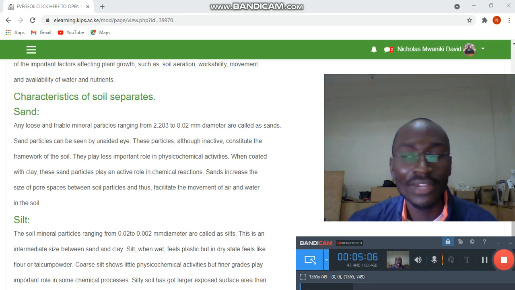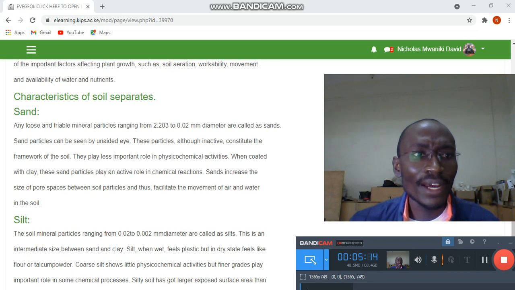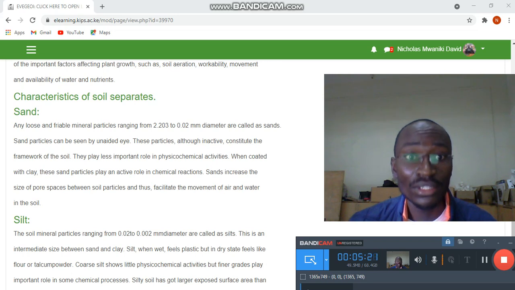Some of the characteristics of sand: sand has the largest particles. Any loose and friable mineral particles ranging from 0.2 to 0.02 millimeters diameter are called sands.